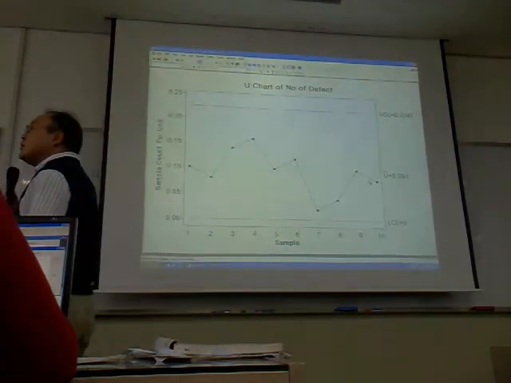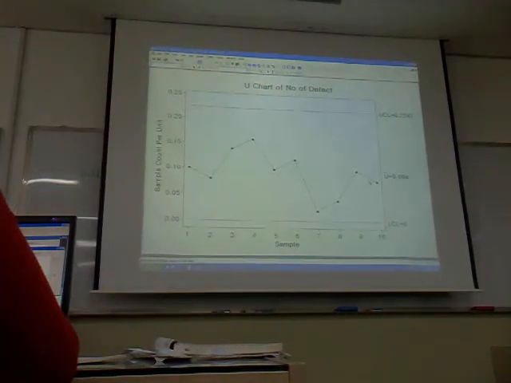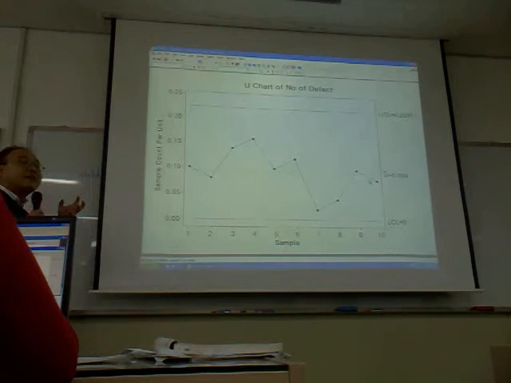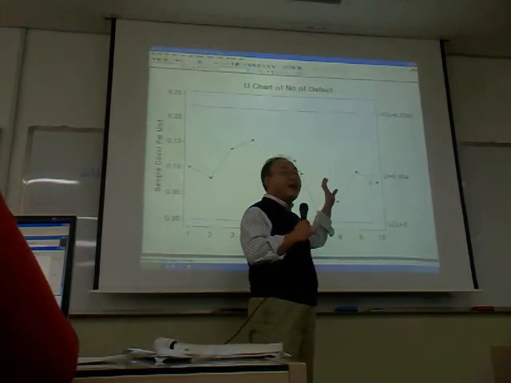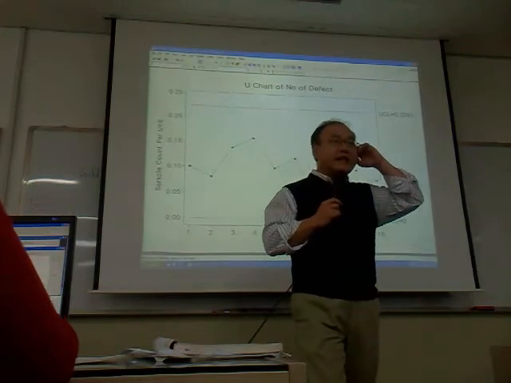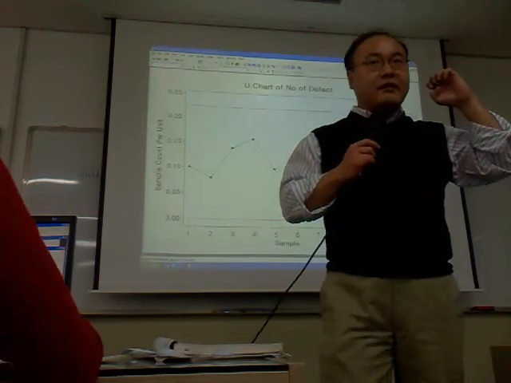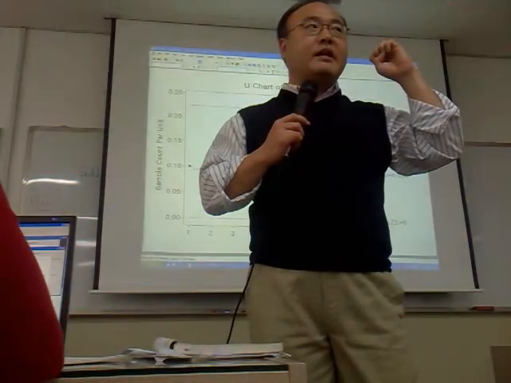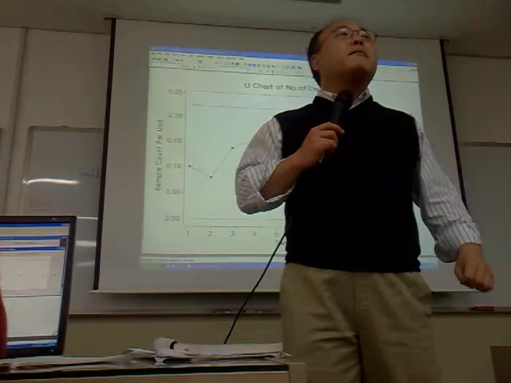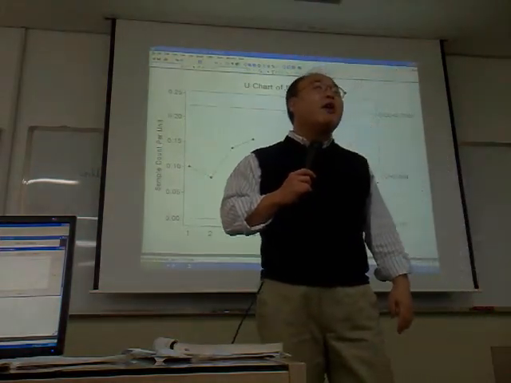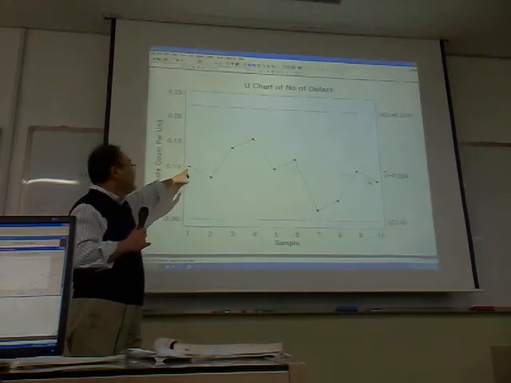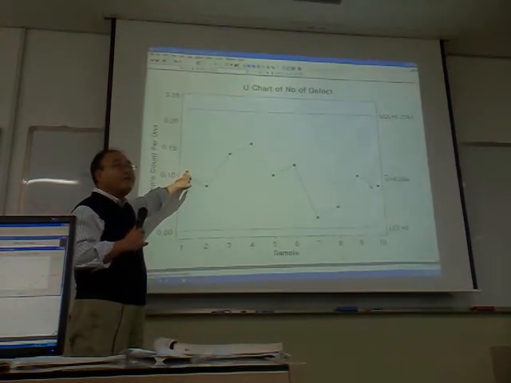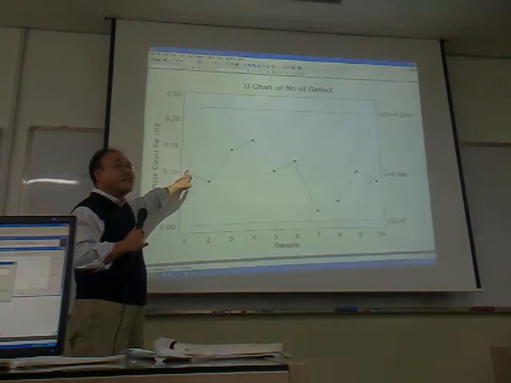The chart looks very similar because we just change to the probability of defect when we use the U chart, and the number of defects is the C chart, which is very similar because we're using the same data. What is the U chart? It is the chart of defect per unit. In this one, we get a 50 unit sample.